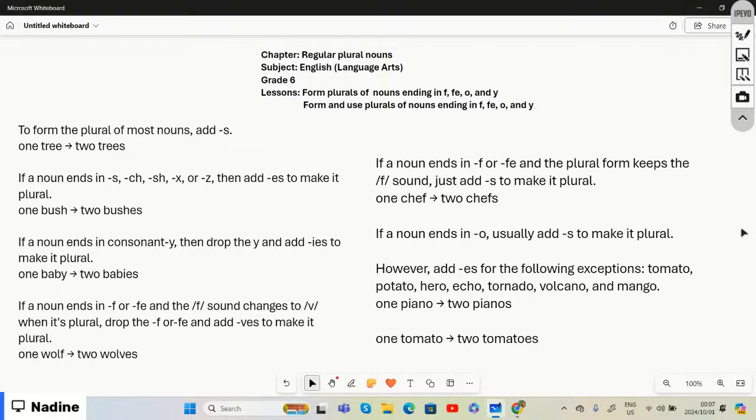That is what regular plural nouns mean, or specifically regular. You stick to a specific rule. There's a rule that says, in order for you to show that there's more than one of that specific thing, you need to add something in order to make it plural. That is regular plural nouns.